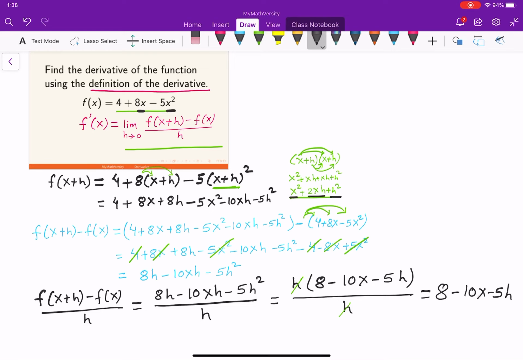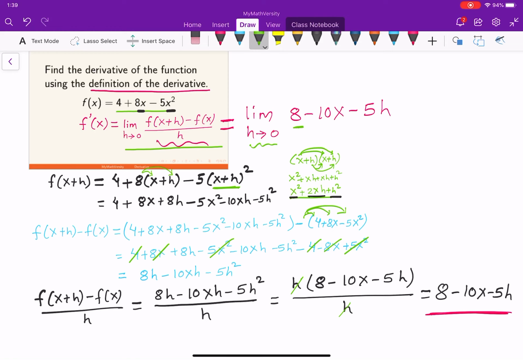So this is the third step. And the final step is to find the limit here. So let's do that. We can find the limit of this difference quotient that we have figured out, which is exactly the same expression here, 8 minus 10x minus 5h. And what will happen when h gets closer and closer to 0? 8 is independent of h, so it will stay as it is.